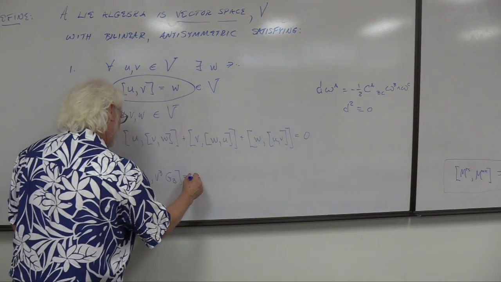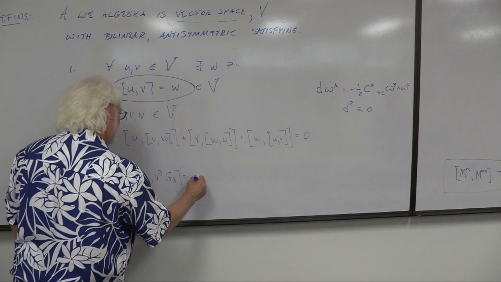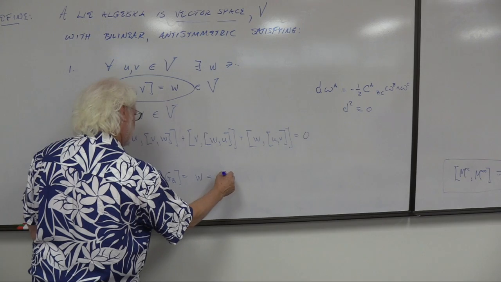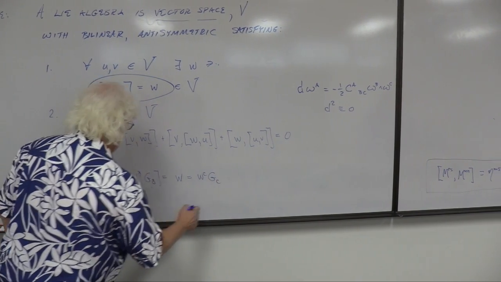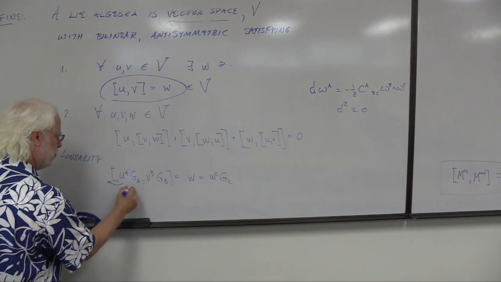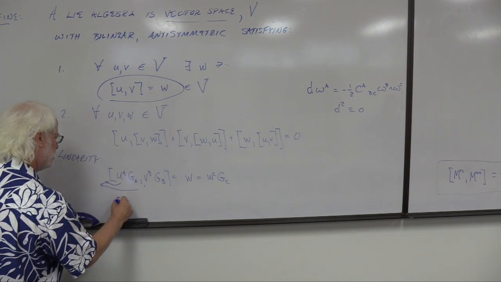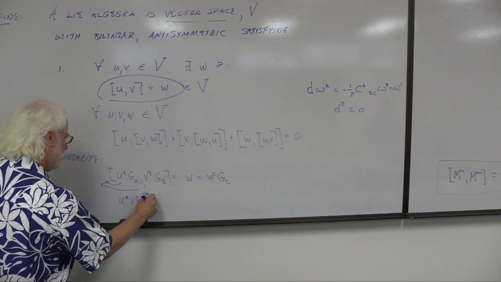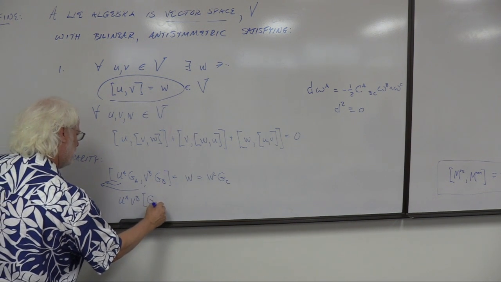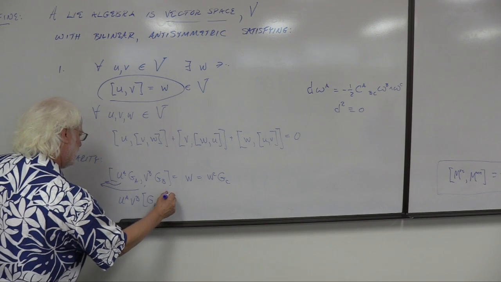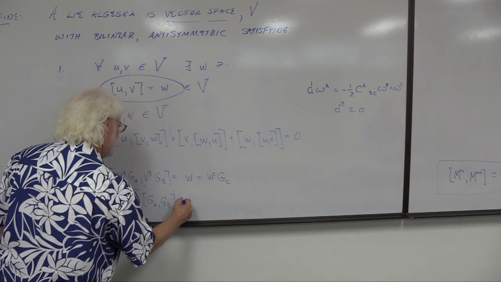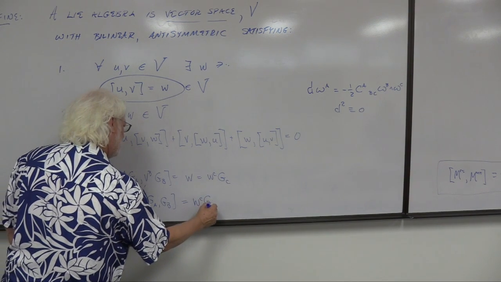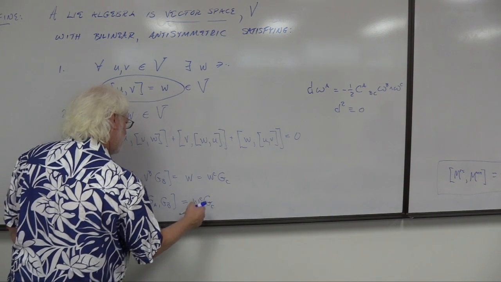And that's going to be some W, which is W^C G_C. But linearity means I can pull out these linear combinations, U^A and V^B, and just look at the commutator of the generators, and that's got to be some linear combination of the G_C's.